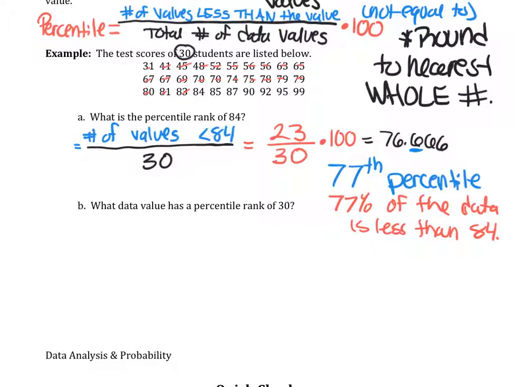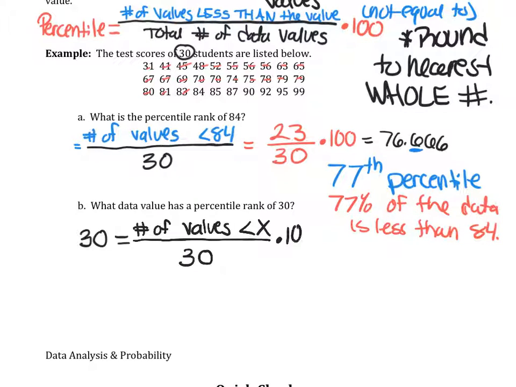Okay, we can work backwards. If we're given a percentile rank, we can figure out what data value it's referring to. And so it'll kind of be like a solve for x problem again, like what we were doing with weighted averages a little bit. So if we know our percentile rank is 30, we'd have 30 equals the number of values less than x, whatever our x is representing, over 30 times 100.